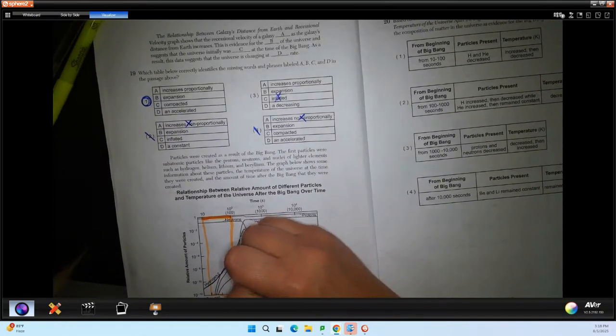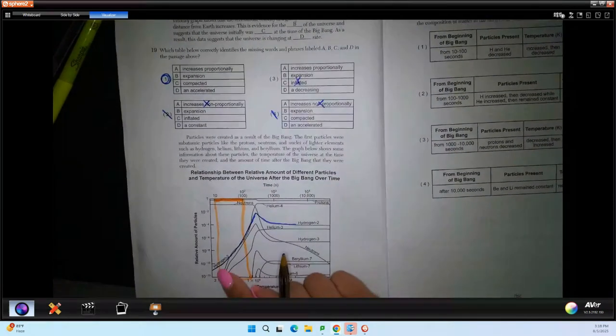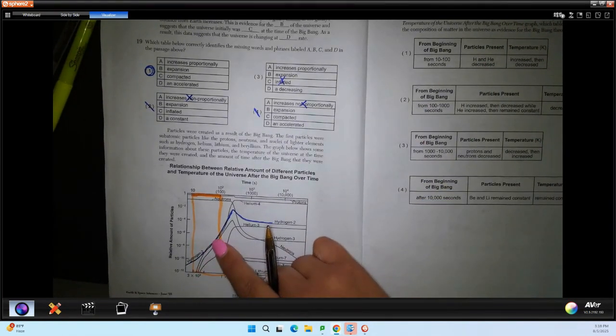So I'm going to go over hydrogen with my blue pen so we can look at that line. Okay, and so if I look, this tells me hydrogen and helium were decreasing, but if I look, I see that this line is increasing. Okay, so that tells me that that is not correct. We did not decrease. So I'm going to get rid of option 1 because that is not true.